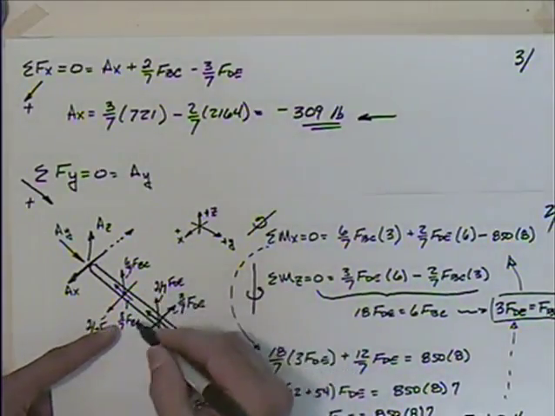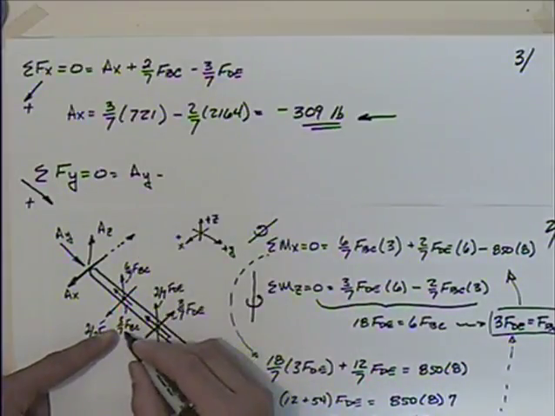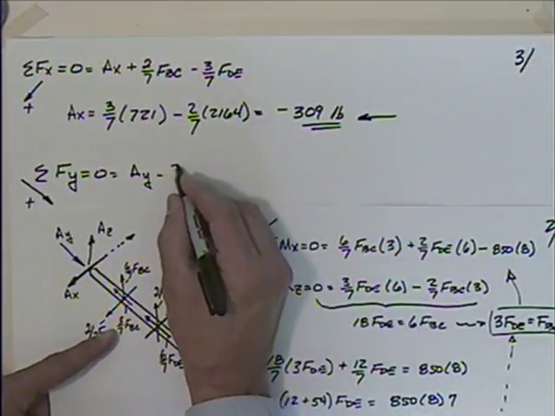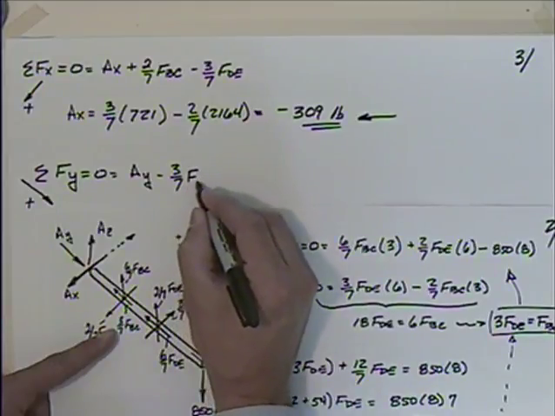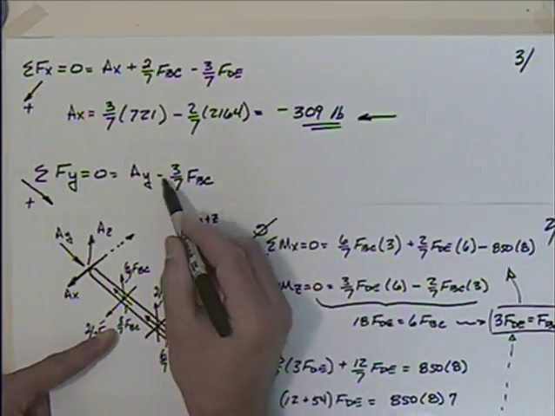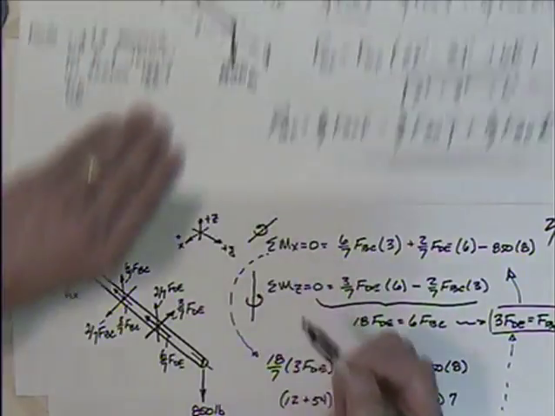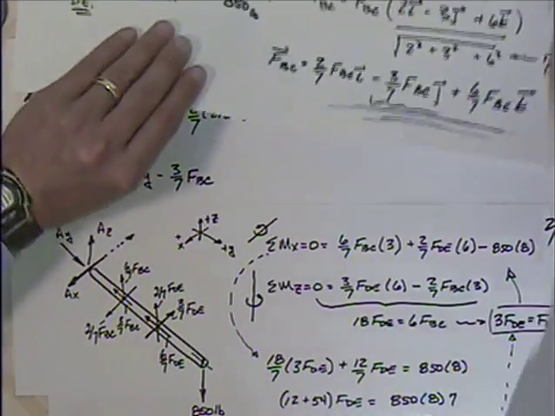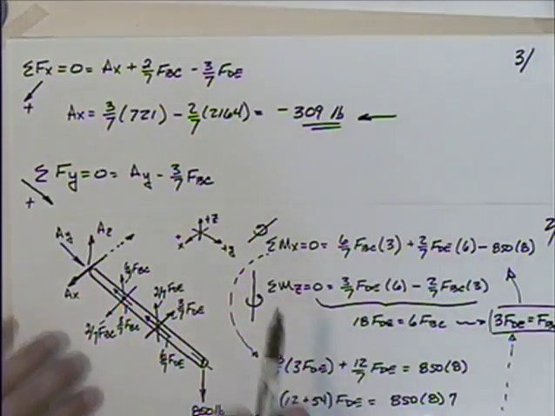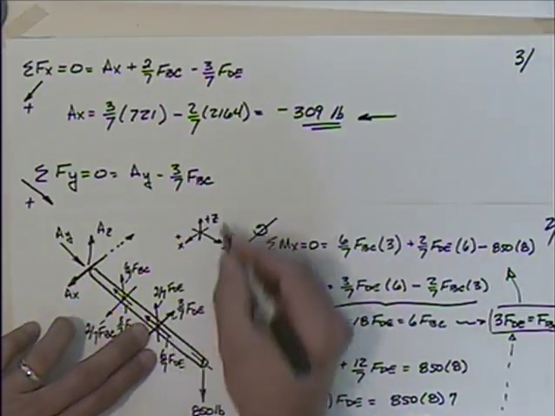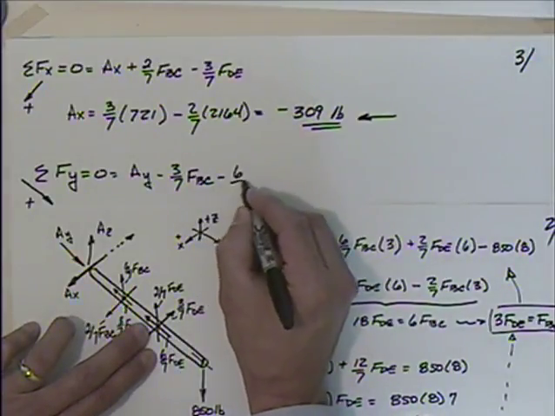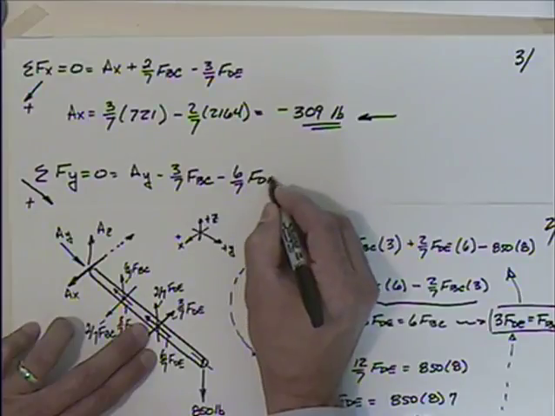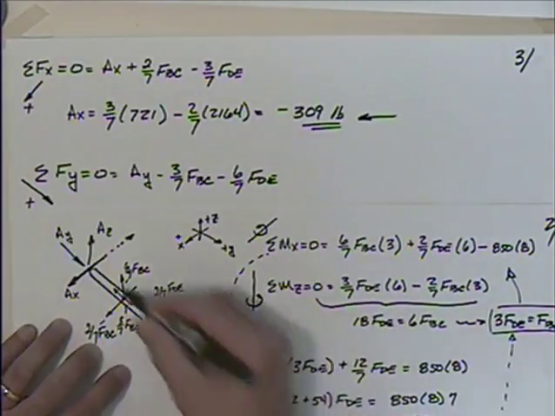Minus 3/7 FBC, minus 3/7 because it's going up there, which I would have had that negative if I had just followed through with minus 3/7 FBC right there. See, there's that negative right there. It worked out. Okay, FBC. And this one's going to be negative 2, minus 6/7 FDE. I don't have any other loads, so those are the only three in the y direction.